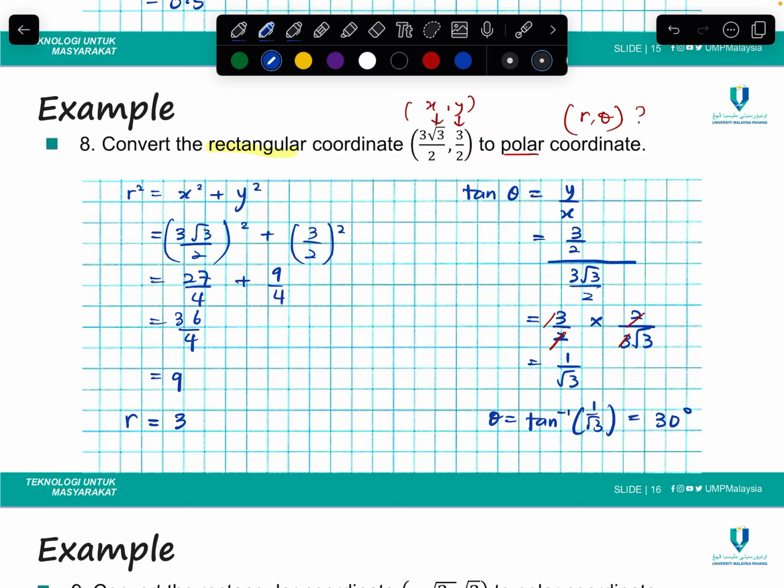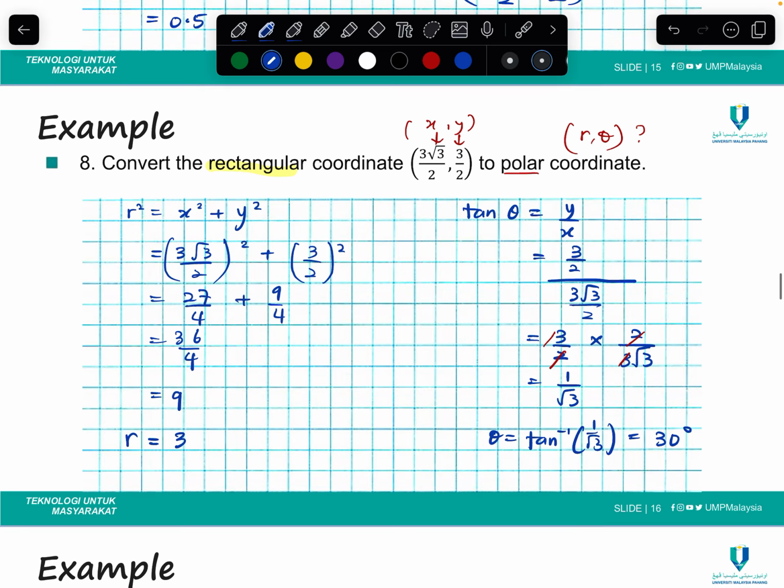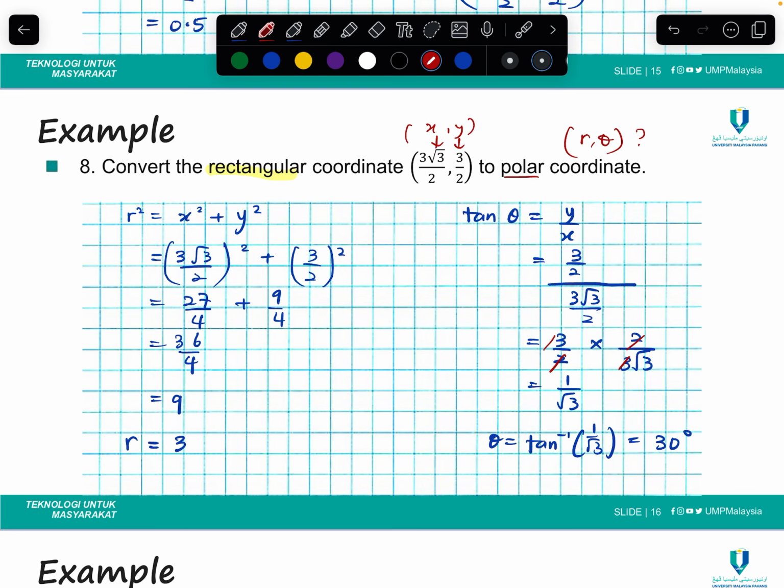So is this the correct angle? Because we know that the angle can be in 4 quadrants. Is the angle in the correct quadrant? How to check? Look at the coordinates x and y here. Let's try to plot the value. What is 3 square root of 3 over 2?